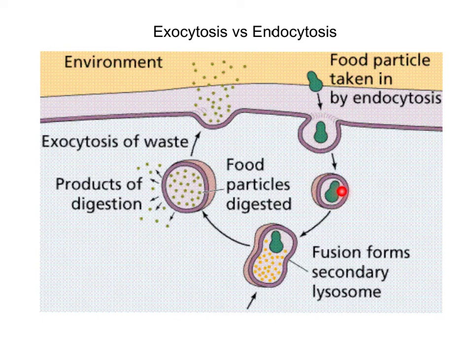Food particles come in, a vesicle is formed around it, but then you see a lysosome digesting it. Well, it's digested, and now we need to get the waste out. So, if we need to get that waste out, we do something called exocytosis, exo meaning out. In this case, a vesicle will come towards the surface and it will be moved out of the cell. Okay, so again, endo in, exo out.